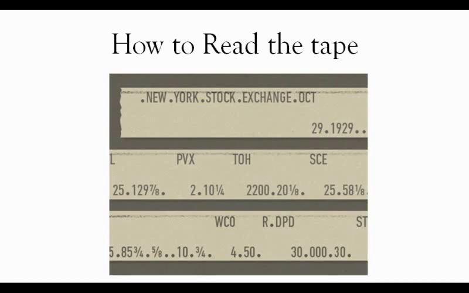So all of these numbers are being fed into a system, a telegraph type system that is feeding market information in a stream. So it's just like streaming a video, but the problem with tape reading is that back in the day, this was a very slow process because there was about a 20-minute delay.